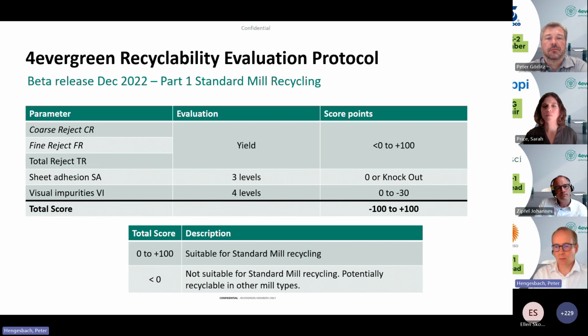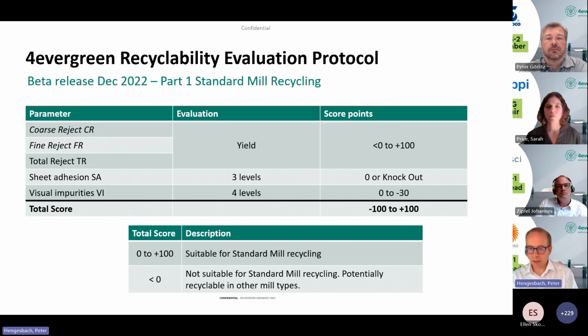Visual impurities is also a quality parameter, where you have dedicated levels described in the test method, translated into a score in the evaluation scorecard. This results in a deduction of either 0 points if there are no visual impurity issues, or, if there are severe ones, depending on the type of visual impurities, a significant reduction in score.